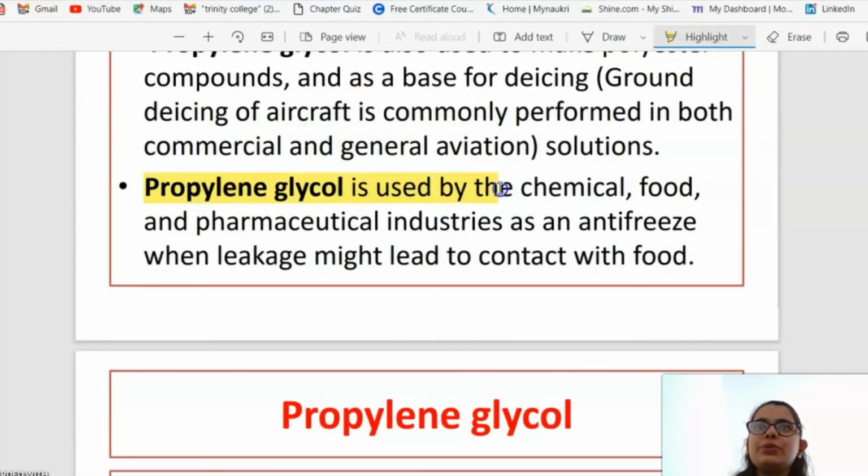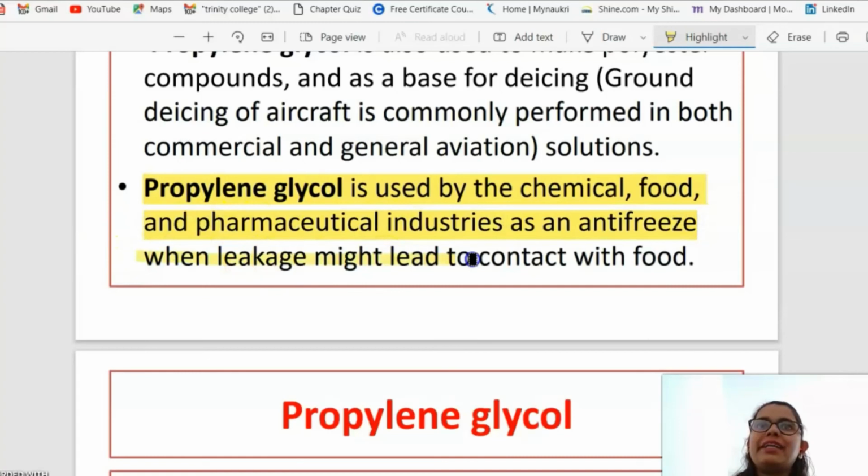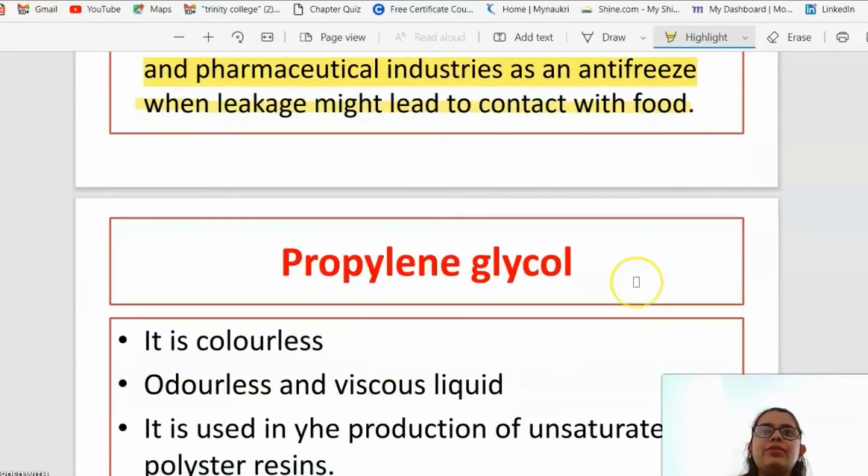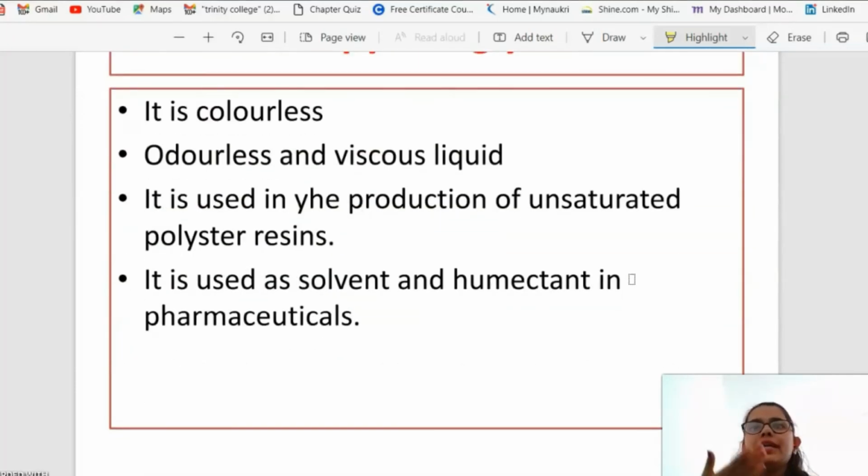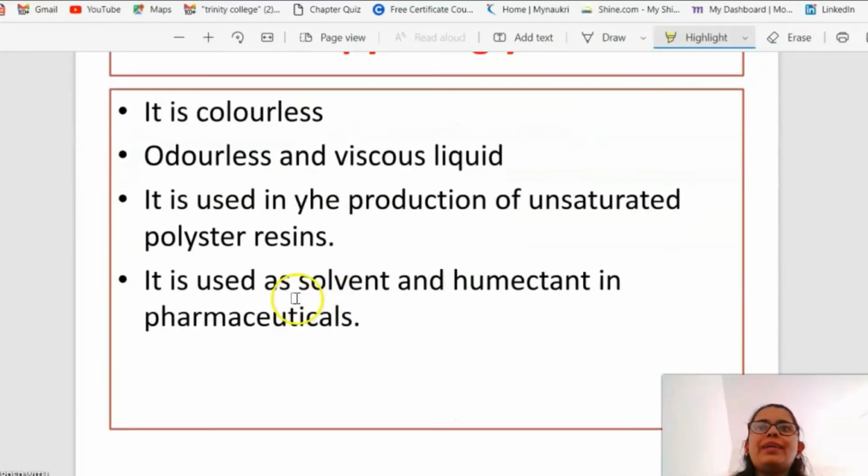Propylene glycol is used by the chemical, food and pharmaceutical industry as an antifreeze when leakage might lead to contact with food. So mostly it is used as an antifreezing agent, which will prevent problems when leakage comes in contact with the food. So that's all about propylene glycol.